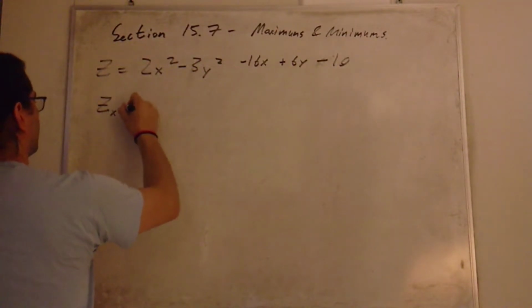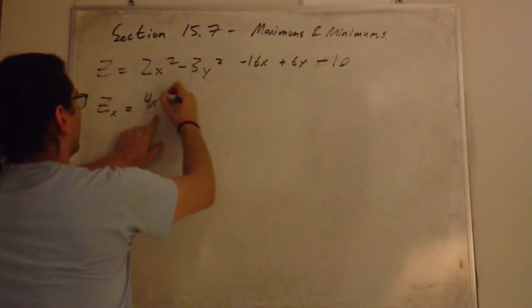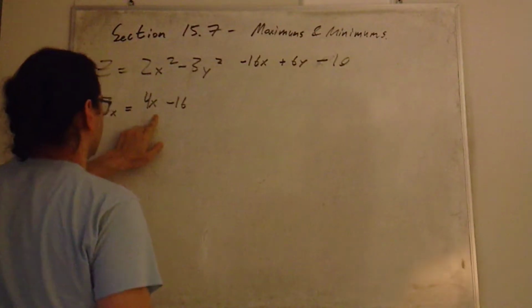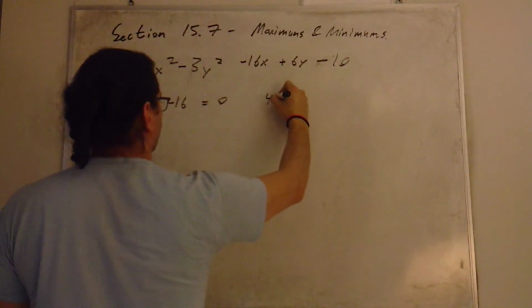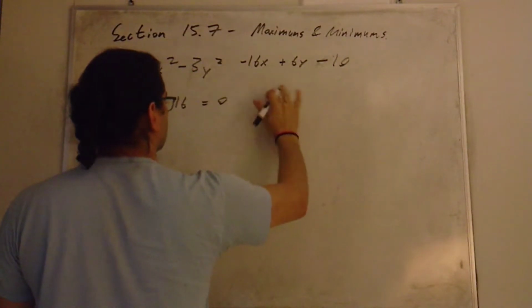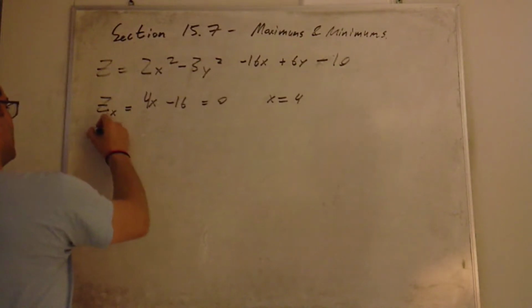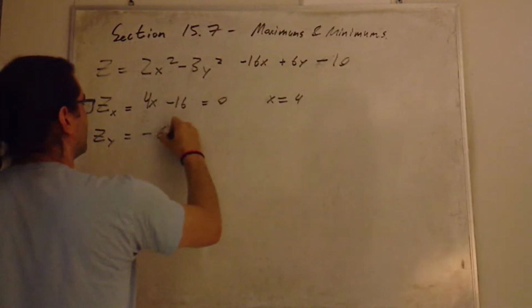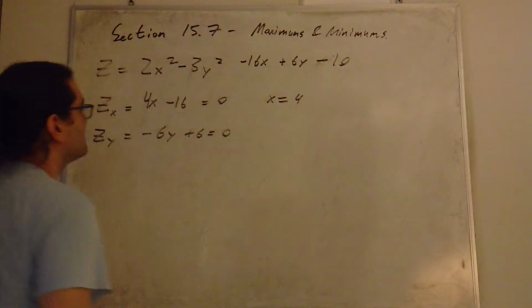The derivative with respect to x is 4x minus 16. That's it. If we set that to 0, I think we should get x equals 4. And the derivative with respect to y is negative 6y plus 6 equals 0.